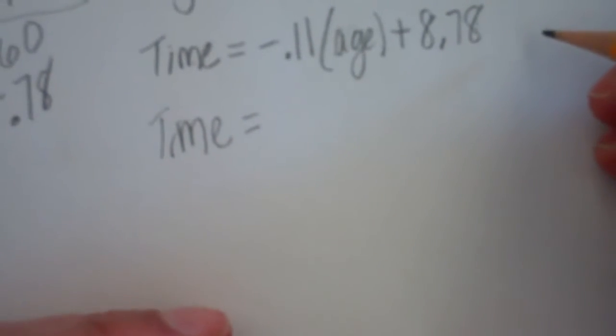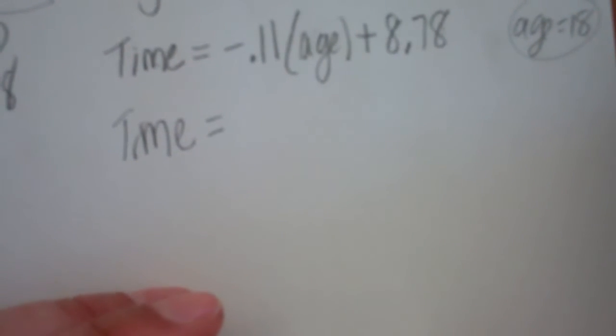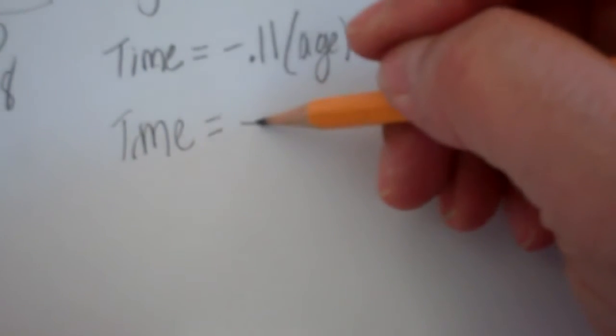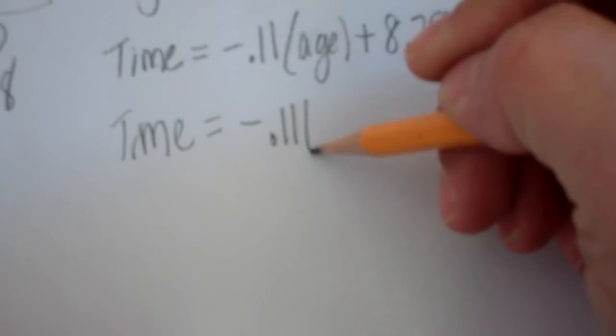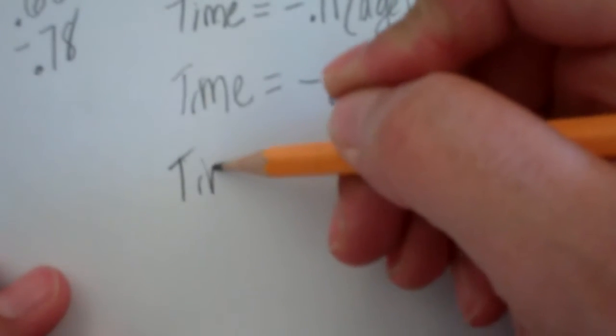So I have an age of 18, age equals 18. I now have a number. I'm going to take my 18 and input it in for age. So -0.11 times 18 plus 8.78. Now I'm just going to calculate it.